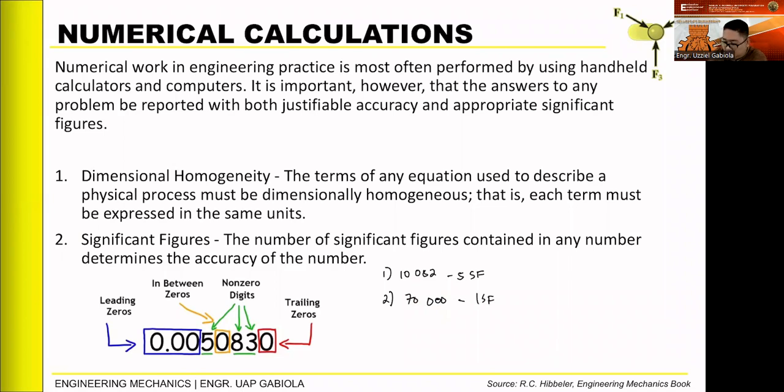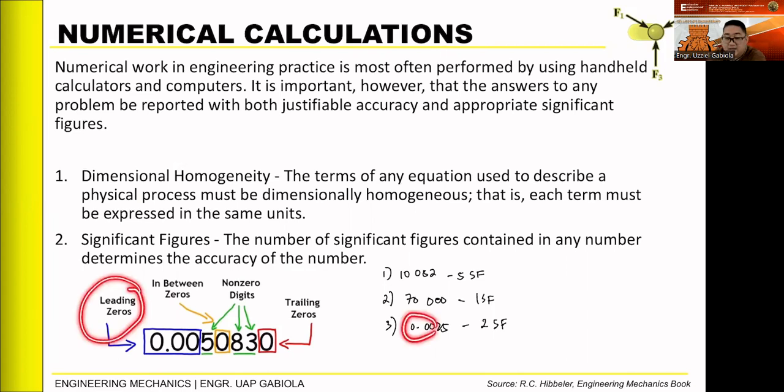Okay? About this one, number 3. 0.0025. How many significant figures? So the correct answer is 2 significant figures lang. Bakit? Si 0 sa unahan ni 2 are all leading zeros.